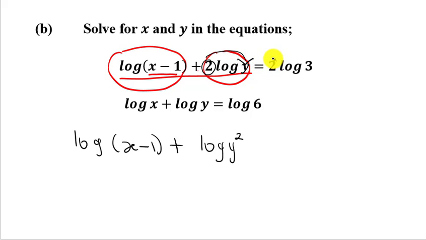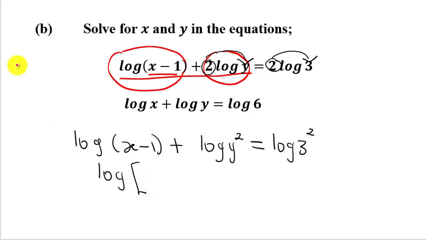The same thing applies to this 2, it should be moved so that it will be an exponent for this 3. So this will be equal to log 3 exponent 2. Therefore, combining them, we are going to have log, so you'll be having this particular number times this particular number here.